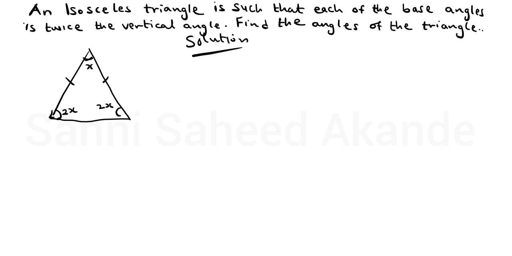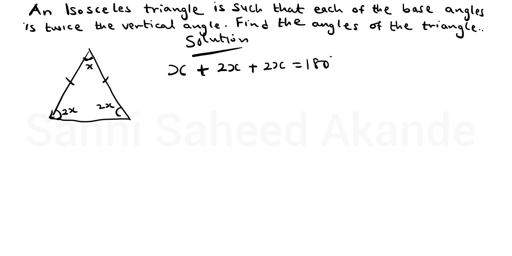To find the angles of the triangle, I'm going to apply the theorem that says the sum of angles in a triangle is equal to 180 degrees. That is, when I add all these angles together, x plus 2x plus 2x will be equal to 180 degrees.